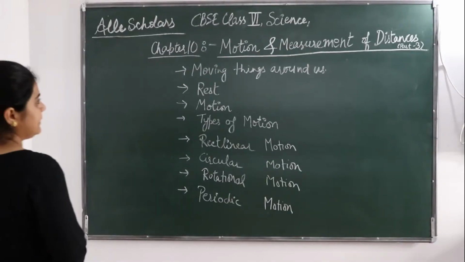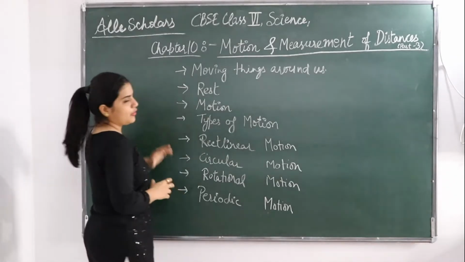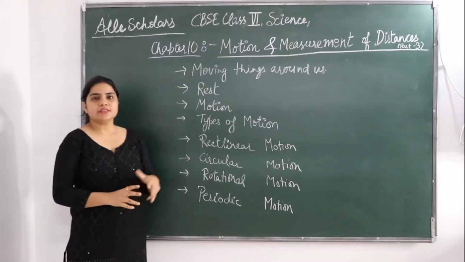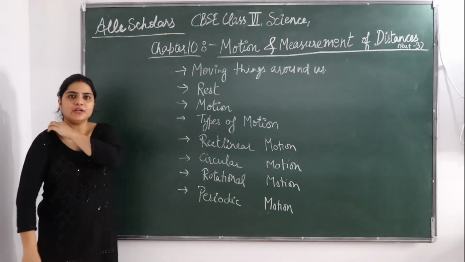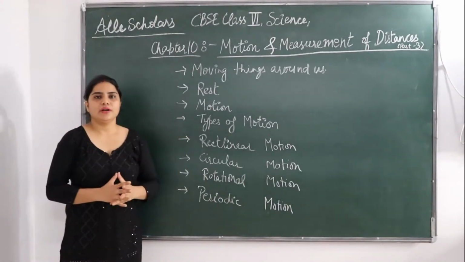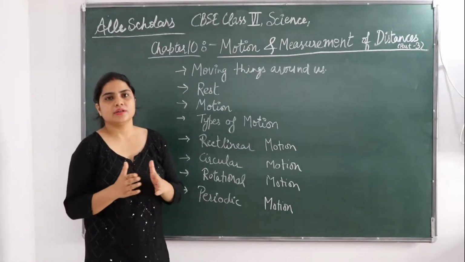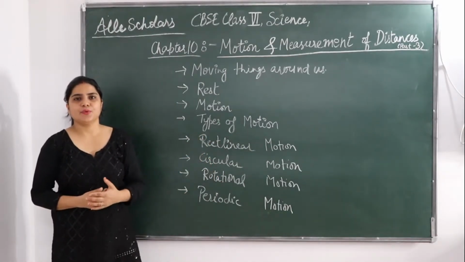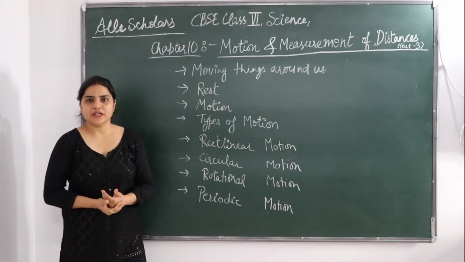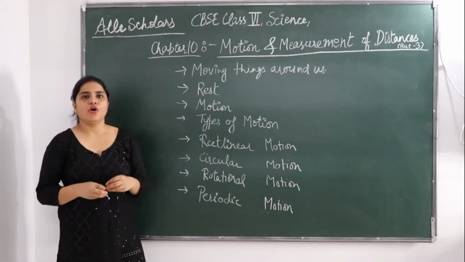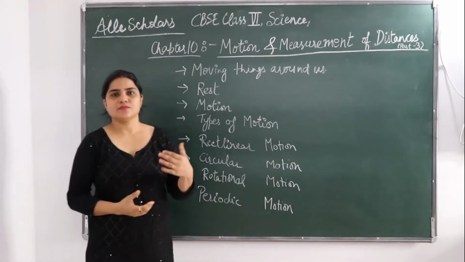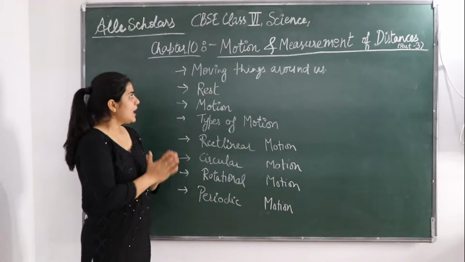So today I will be taking the third part of chapter 10 from class 6 science. If you go through my part 1 and part 2 videos, we have already discussed the evolution of transport, and we have seen different kinds of discussion on measuring a distance, measuring curved lines, measuring a length, all this.